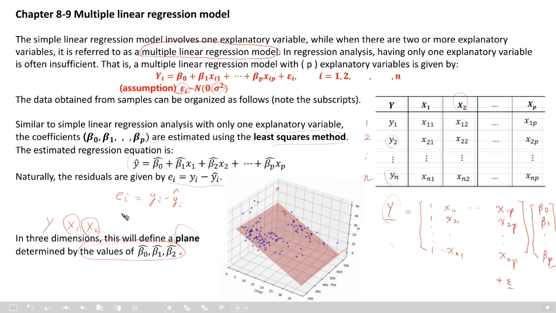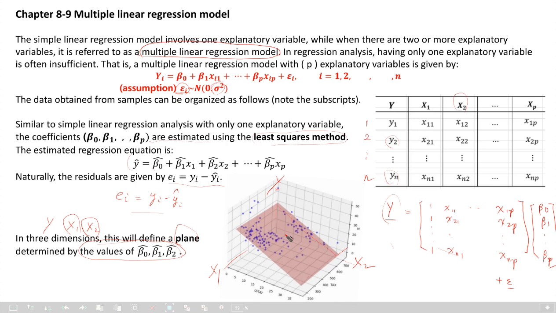The residual is parallel to the y-axis. This one is y, here x1, here x2. Then the residual is from the observed sample value to the value on the plane. Understand that? Okay, this is an introduction to the multiple linear regression model.